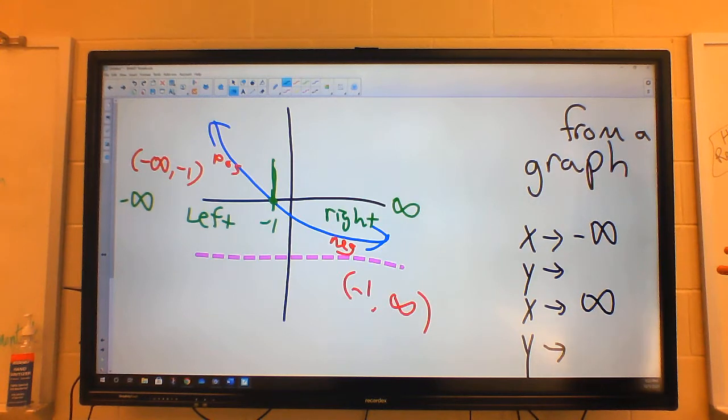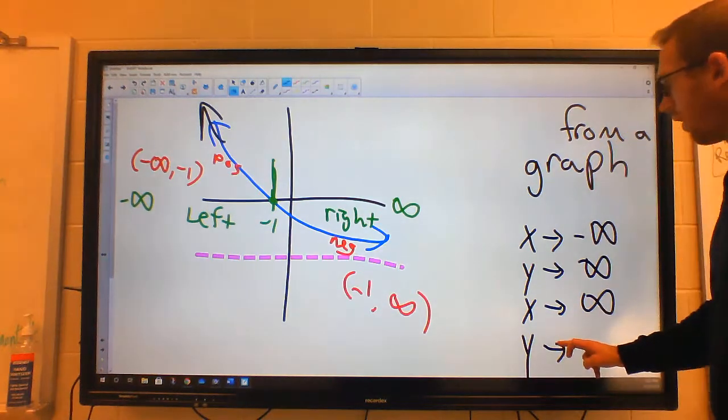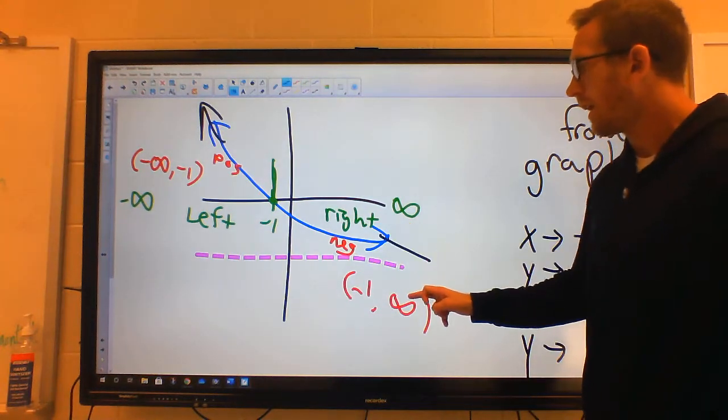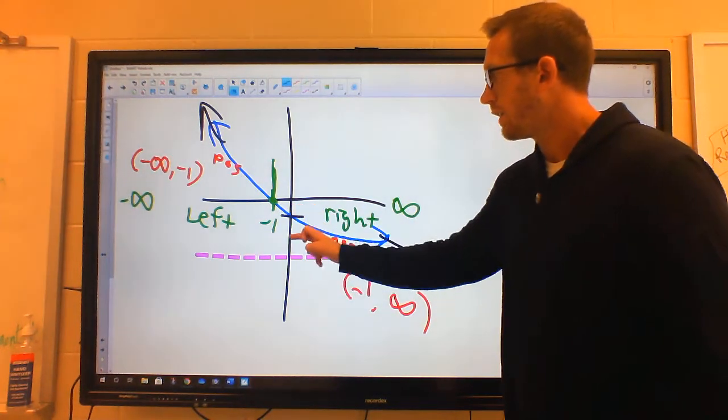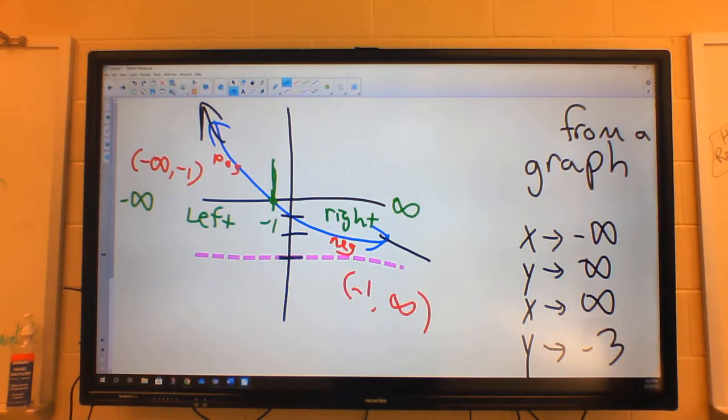The bell's about to ring, so I'm going to be cut off on my teaching. Height goes up forever on the left, right? Check this out. This problem, it goes up forever on the left. On the right side, it goes to the height of this asymptote. So I actually need to know what the height of that asymptote is. -3. That's the height that the right side will always approach. All right?